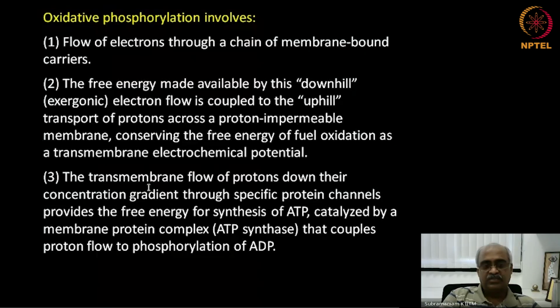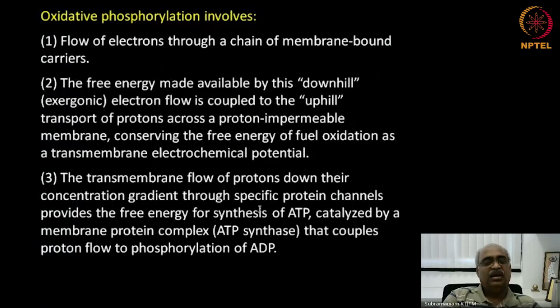And at the third step, the transmembrane flow of protons, the gradient being built by step 2, down the concentration gradient of these protons is coupled by this enzyme ATP synthase, a really fascinating enzyme, and we are going to look at its structure and its mechanism of catalysis, and that is used for making ATP by this protein ATP synthase.